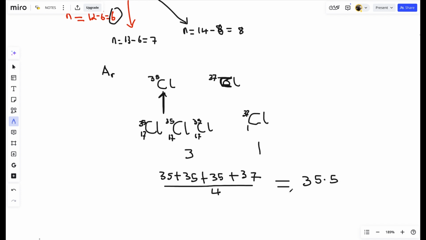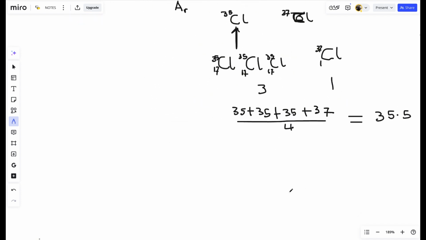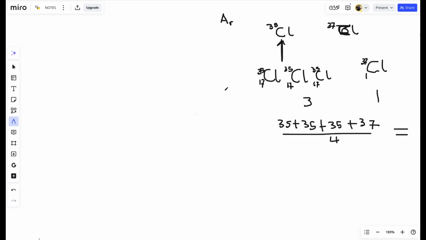Another way to do it, which I feel is more unique, is using the percentage of abundance. Since this occurred 3 times and this occurred 1 time, this will be 75%. So I'll say 35 times 75 over 100, put it in a bracket, plus 37 times 25%, since the percentage of abundance here is 25.